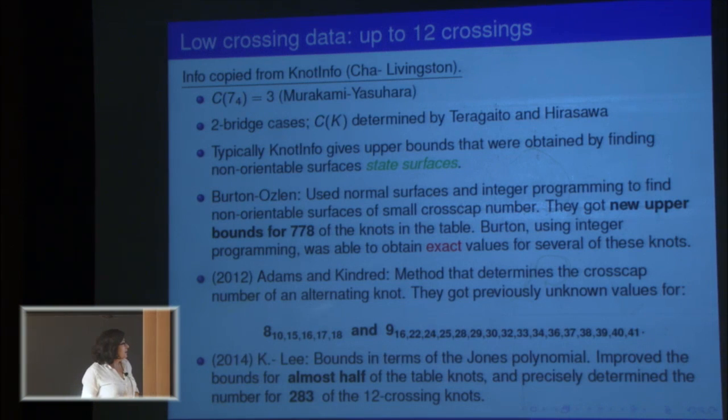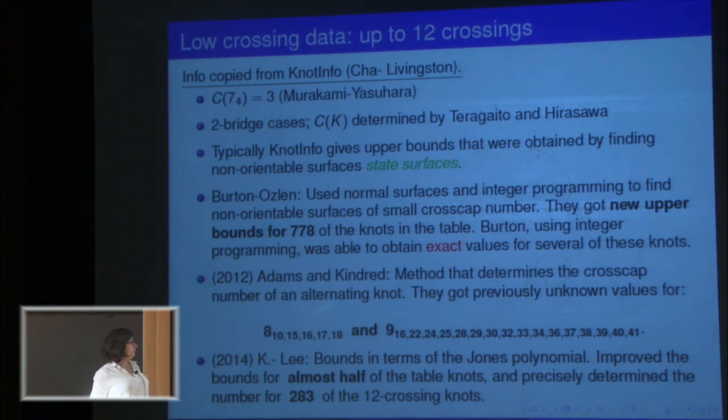All right. And then Barton and Osland used normal surface theory and integer programming and so on, and they obtained, I don't have a number here, but several. And then Adams and Kindred gave a method to calculate the crosscap number of an alternating knot starting from an alternating projection.